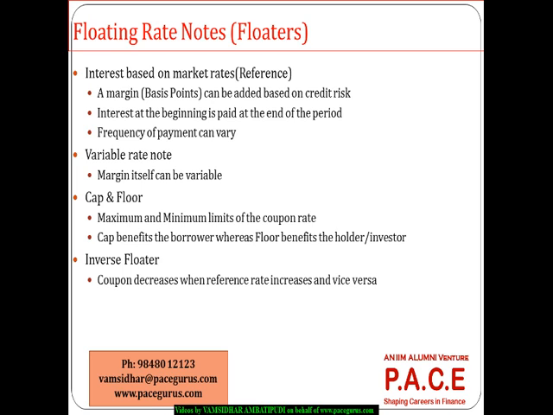Now here, one more important point we need to understand is that whatever interest is prevailing at the beginning of the period, whether it is a year or a quarter, is used for the payment at the end of the period.